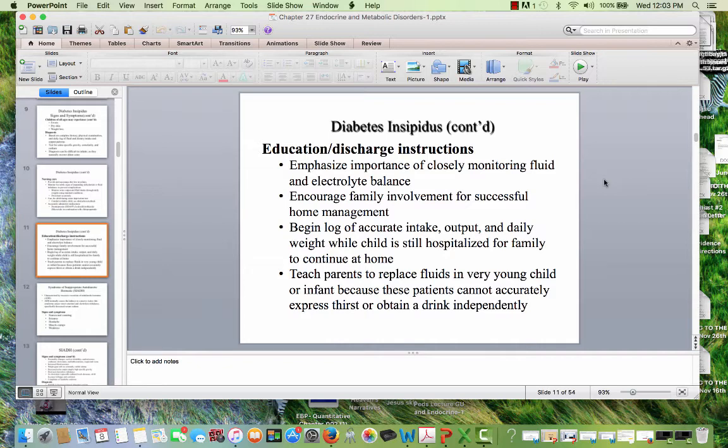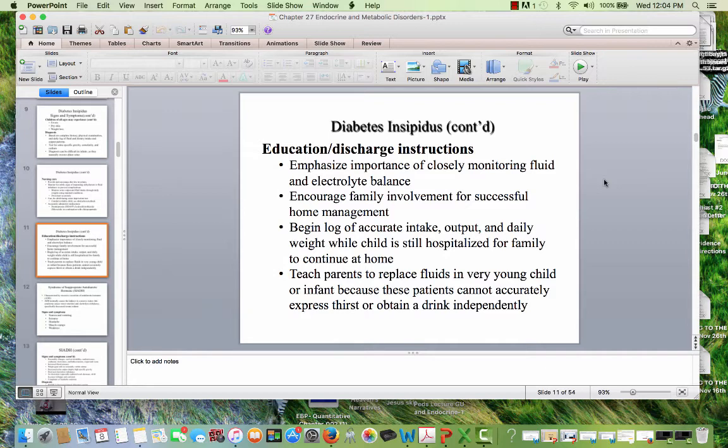During the initial stages of exacerbation of diabetes insipidus, it's important to teach the parents and child to increase fluids until the medication begins to take effect. Often chronic home care involves teaching the parents of the child with diabetes insipidus the importance of the medication, as I mentioned before, compliance, and the correct way to administer the medications, as this is a lifelong condition that usually requires long-term use of medication.